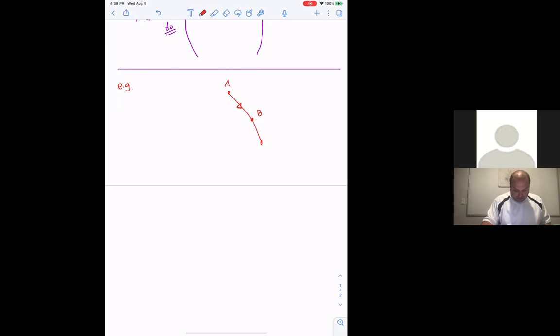And then here's C, and the direction is towards B, and there's also a path. Hold on. So something like that.